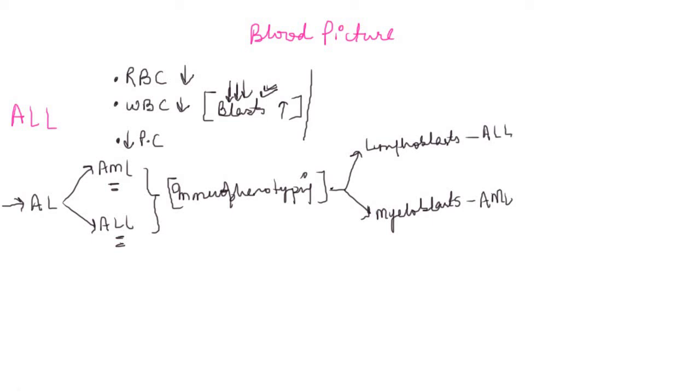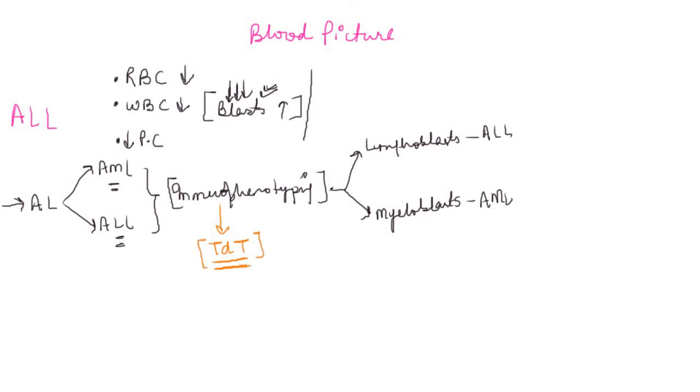Now, the typical finding of ALL in immunophenotyping is that these cells have a particular enzyme called TDT. TDT enzyme is present in the lymphoblast. It is not present in mature lymphocytes, neither is it present in cells of myeloid lineage. It is only present within the lymphoblast.